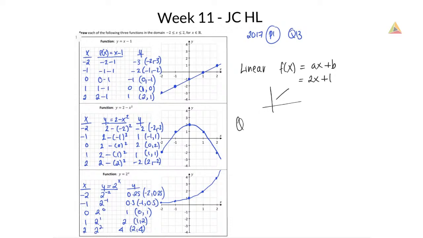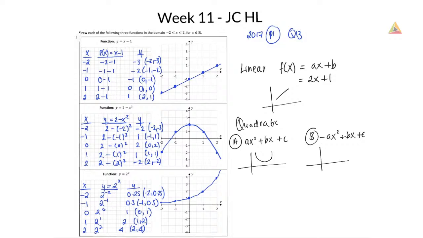You could have a quadratic, where there's two possibilities. So you have ax squared plus bx plus c, or minus ax squared plus bx plus c. In which case, this one will look like a u, and here, because the x squared coefficient is negative, it'll look like an n for negative.